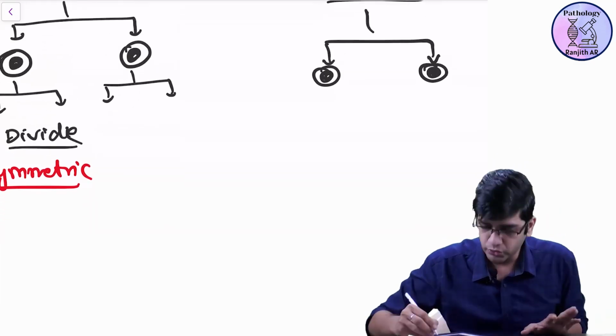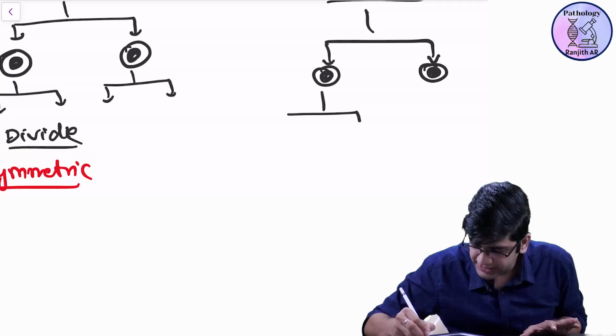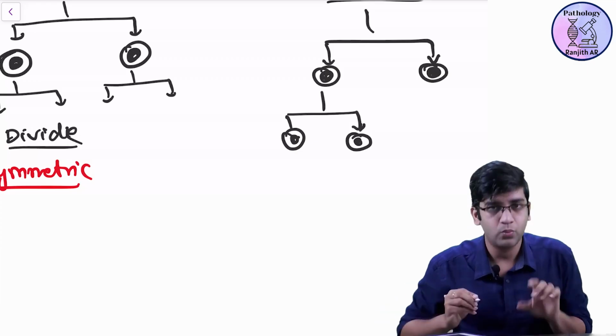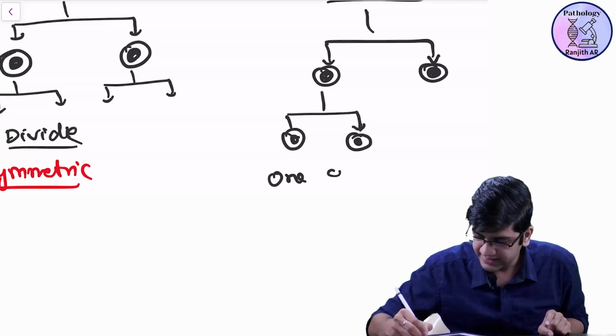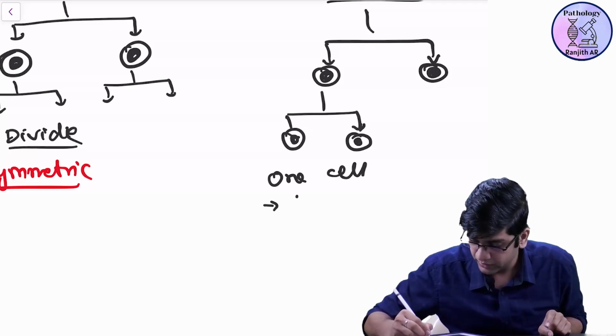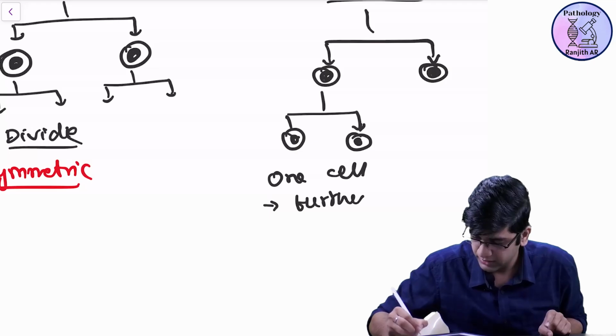When they divide into two new cells, one cell retains the capacity of further division. During every division, one cell retains the capacity to further divide.